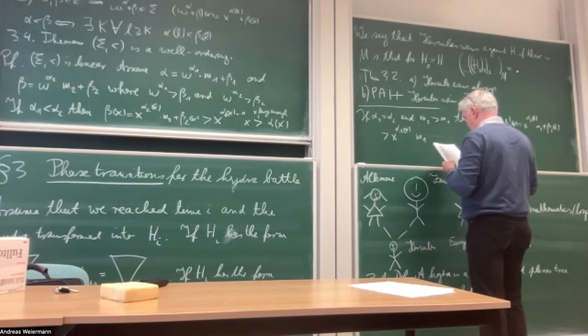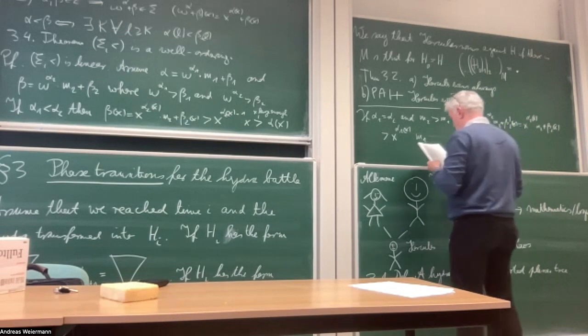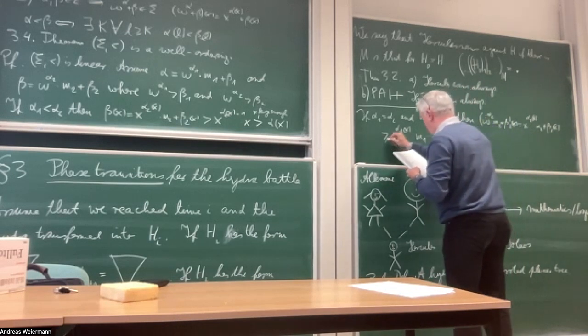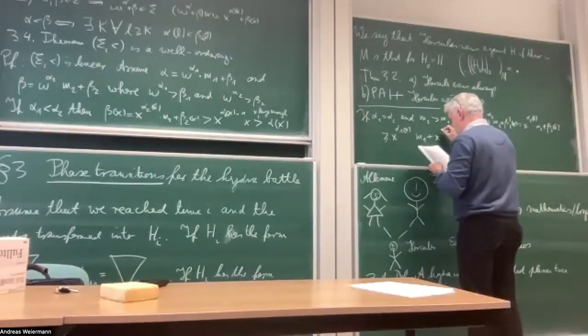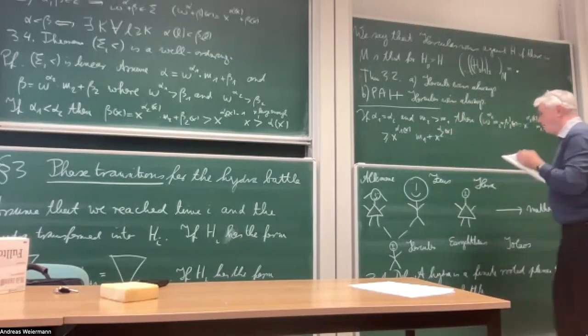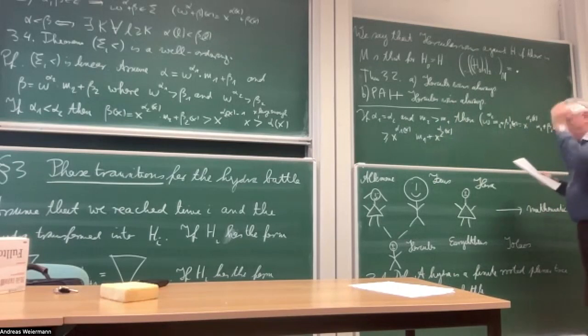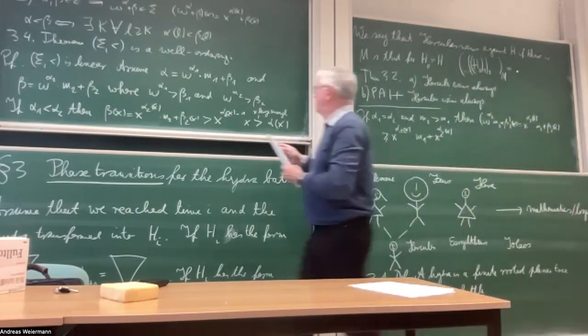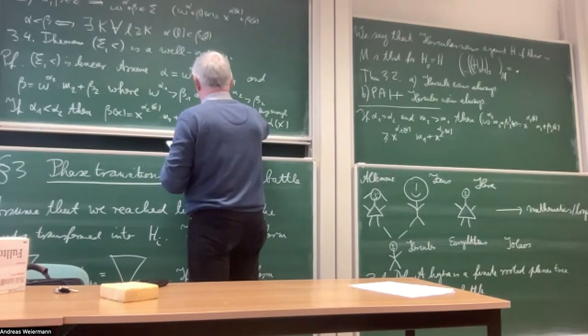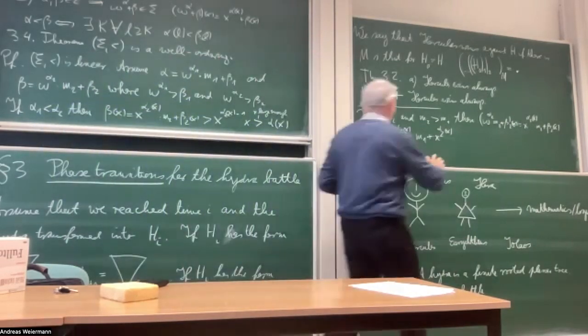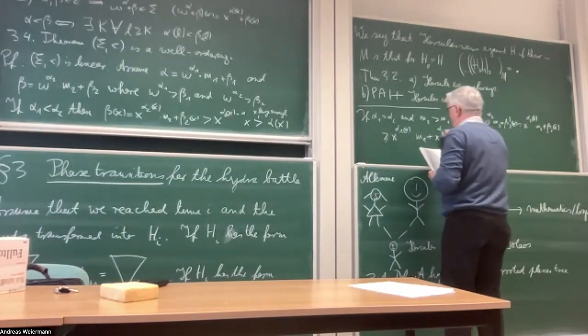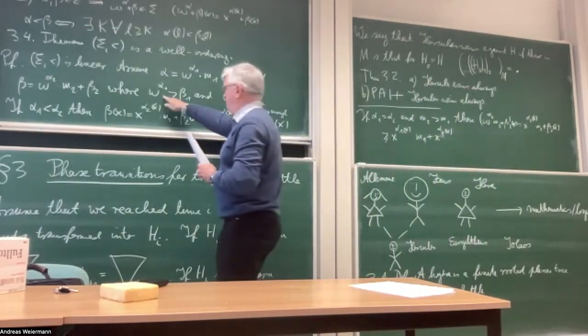So this is at least as big as this one plus x to the alpha 2 of x, which is bigger, since alpha 2 is alpha 1 and omega to the alpha 1 is bigger than beta 1.